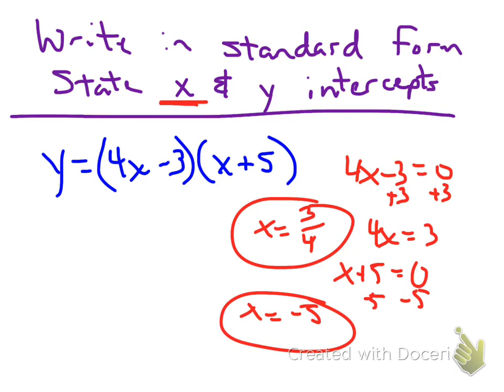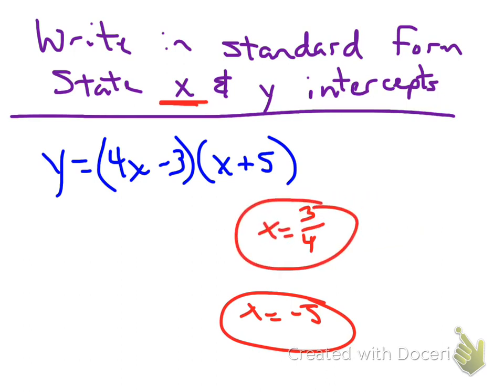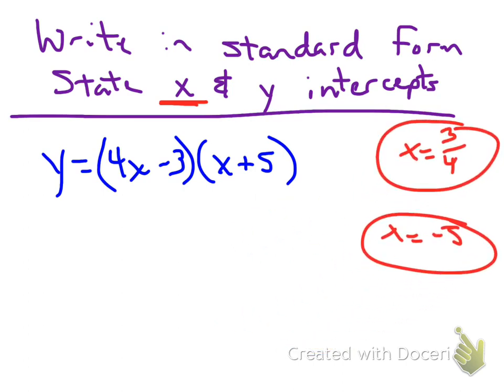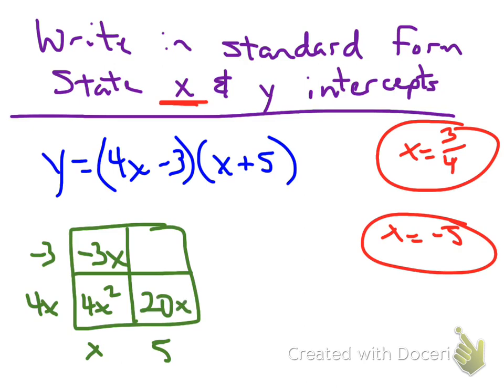For the y-intercept, I'm going to want to write it in standard form first. So if I get rid of some of this information here, I'm just going to move this over. Those are my x-intercepts. To write it in standard form, I'm going to make a generic rectangle again. I'm given the product. I want to find the sum: 4x minus 3 and x plus 5. Filling in these over here. Combining my like terms right here gives me 17 x's.